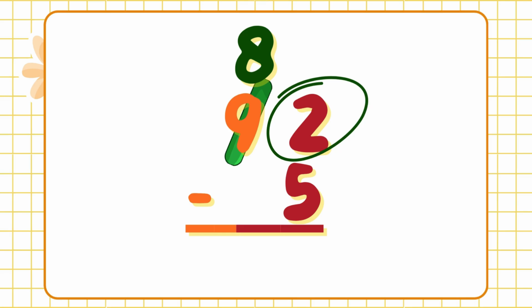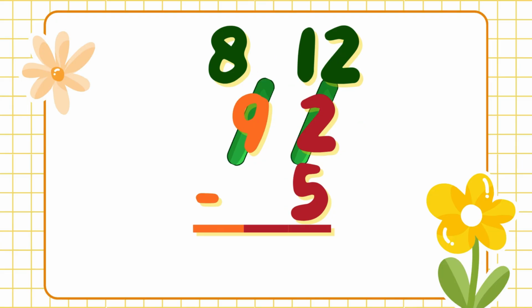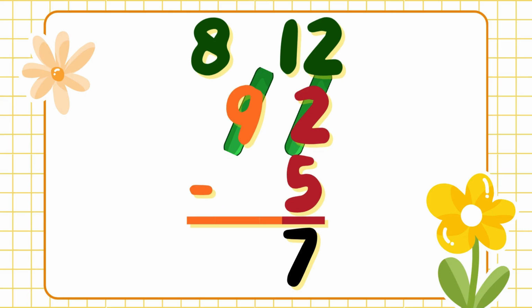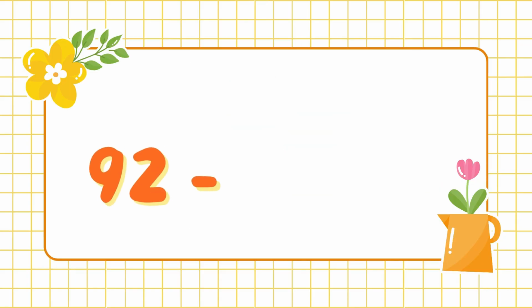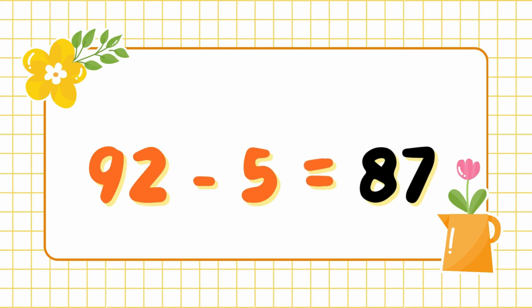Now 9 is 8 and now 2 is 12. So 12 minus 5 is 7. Now we just bring the 8 down. And now it's 87. Now 92 minus 5 equals 87.